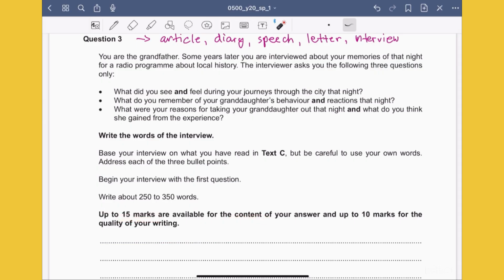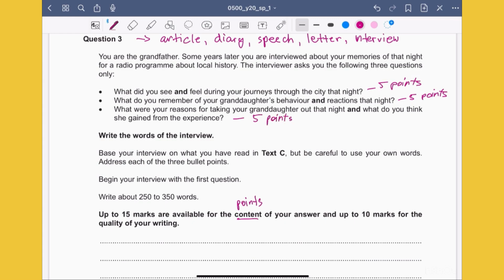Content means points, right? And 15 marks, so you need to give them 15 points. And over here, as you can see, we have 3 bullet points, and you need to give 5 points for each question that they're asking.